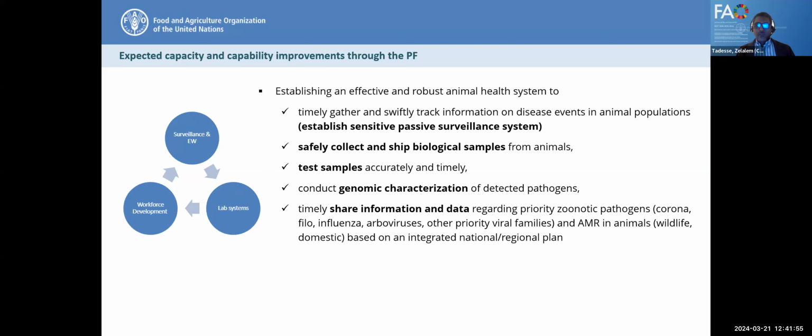We also envision building capacity for safe collection and shipment of biological samples from animals, to test these samples accurately and timely, and to conduct genomic characterization of detected pathogens using national capacities, and also to timely share information and data regarding priority zoonotic pathogens and AMR in animals in compliance with national frameworks and strategies. I think I've concluded my presentation, and I would like to thank you for listening. Over, thanks.